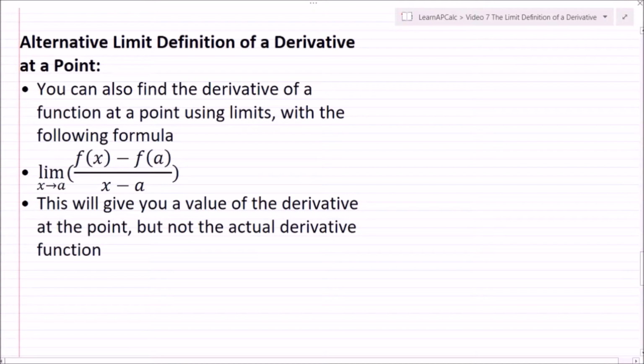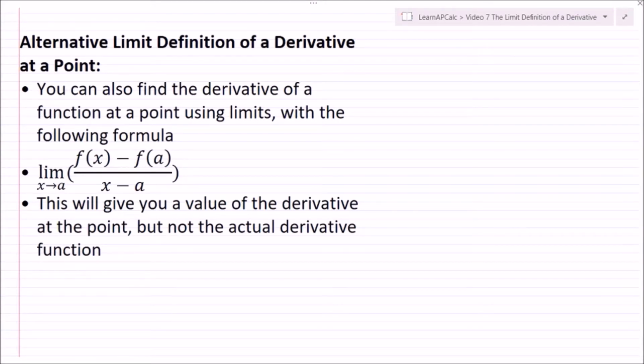Alright, so I've talked about the limit definition of a derivative, and that will return a function. So if I had x squared and I wanted to find its derivative, I could use the limit definition to get a function. But what if I only really care about the derivative at a point? I want the slope at a point.